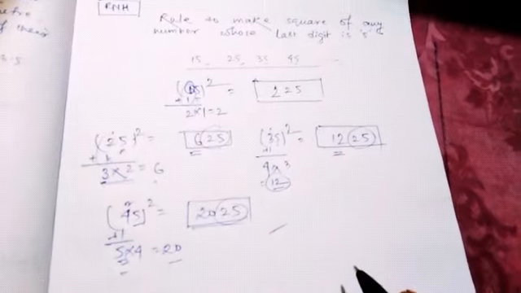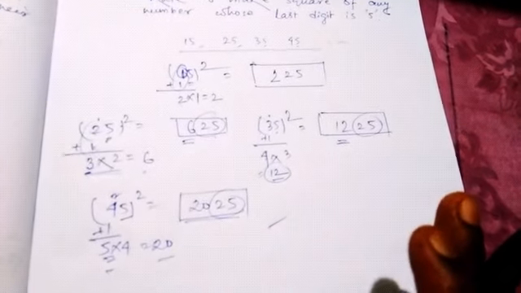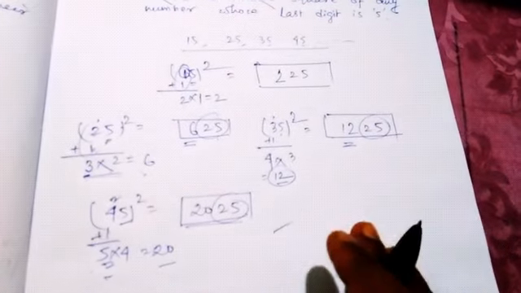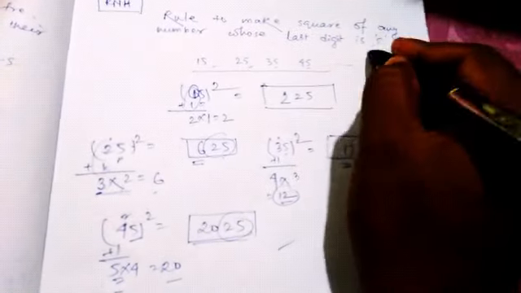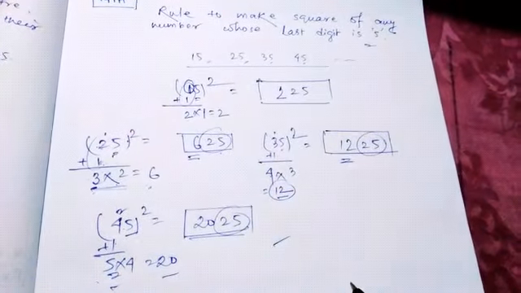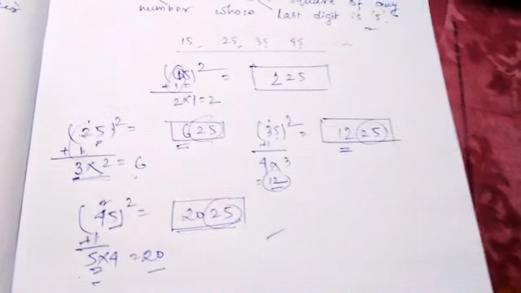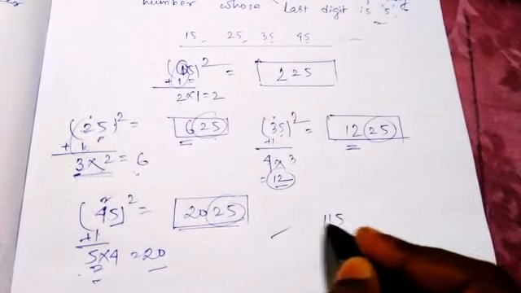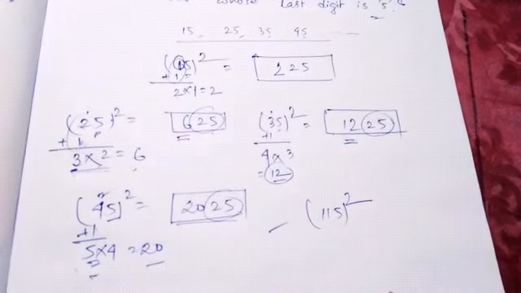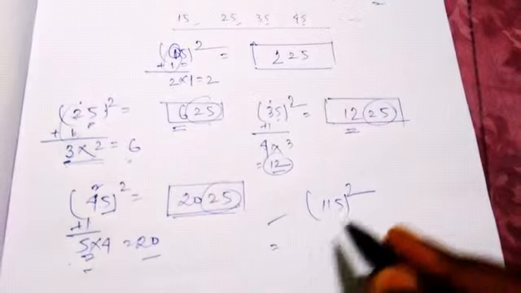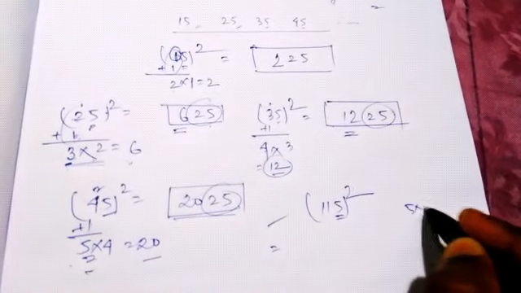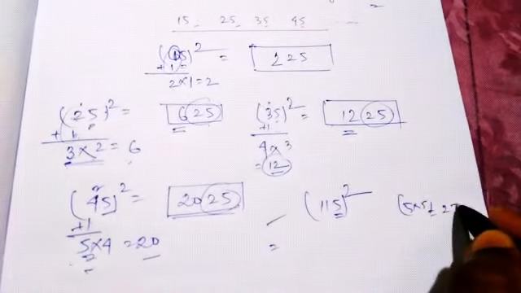Easy one. With this same process you can do any number whose last digit is 5. It may be 3 digit numbers. Let's take 115, its whole square. In the same way, at first 5 into 5, you will get 25.